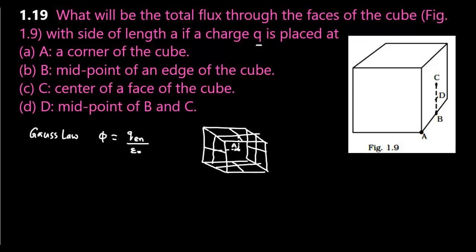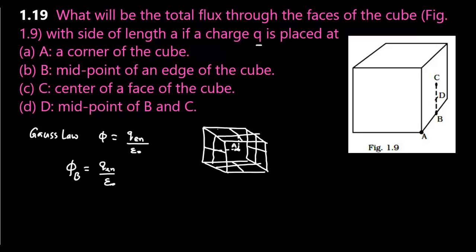Now through this whole arrangement of 8 such cubes, clear? The total flux associated with this big cube is equal to the net charge enclosed by the cube, that is q here, divided by epsilon naught.